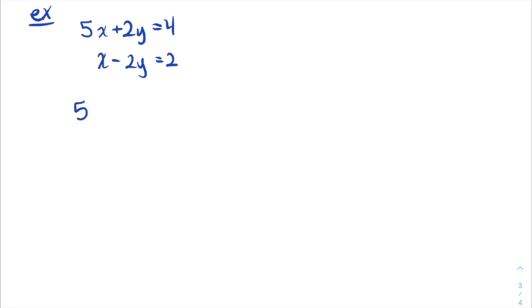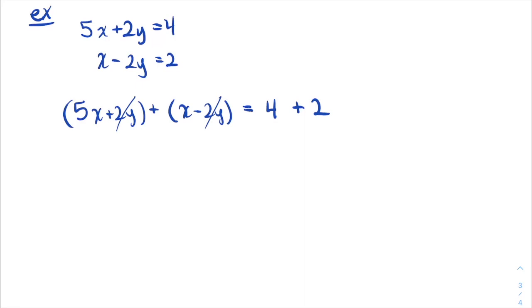What that means is we could add 5x plus 2y plus x minus 2y, and on the right hand side we'd have 4 plus 2, and these things would still be equal.